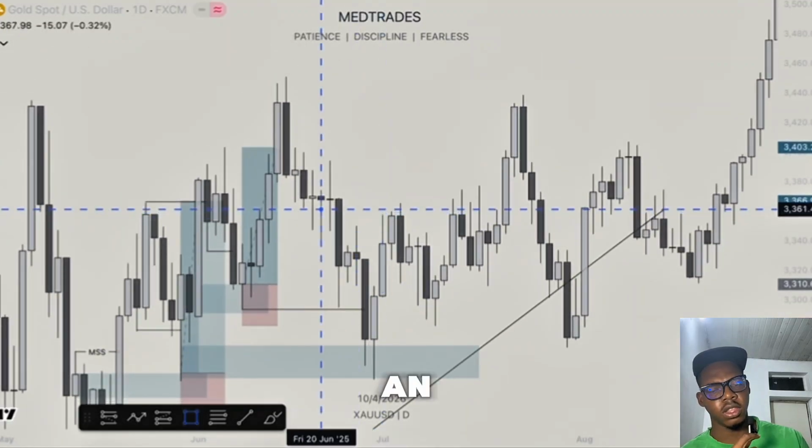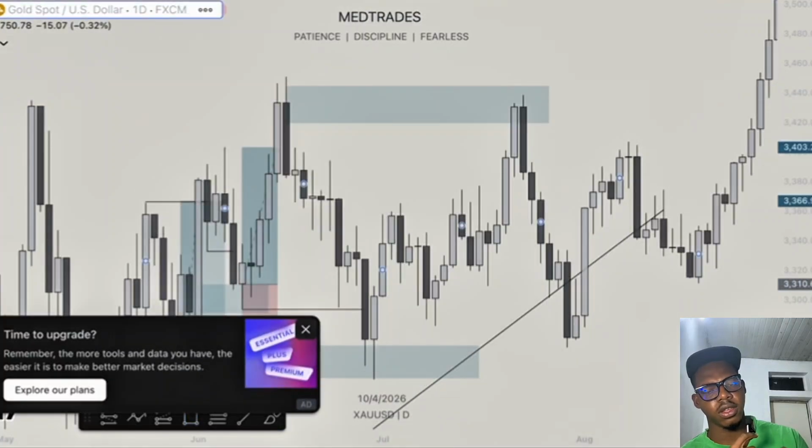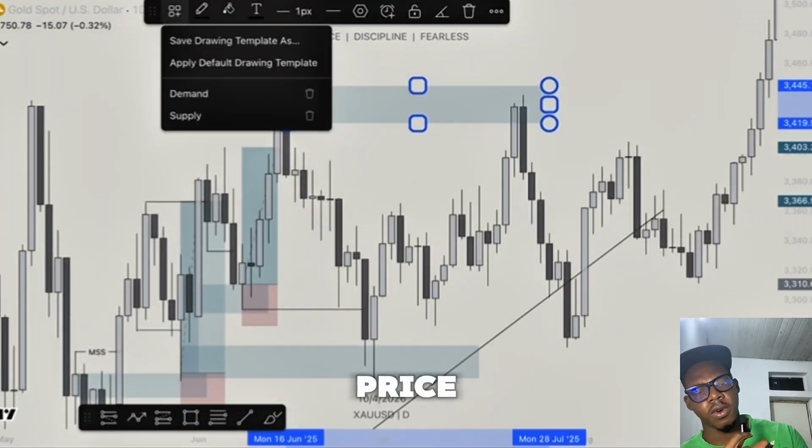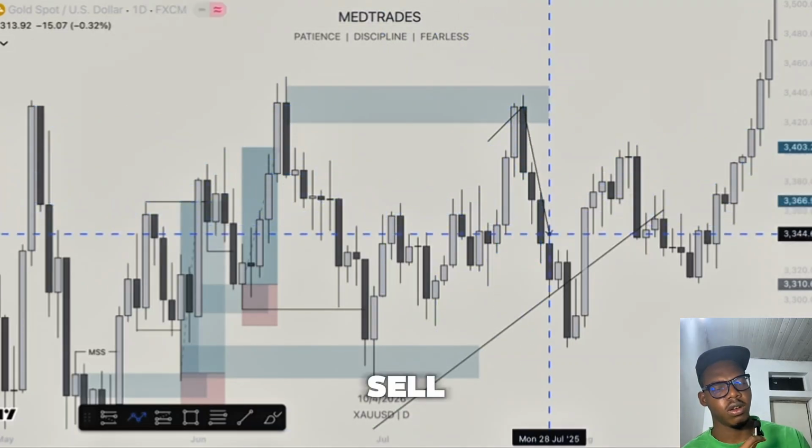So now this was an area of supply, an area of reversal right here. So we're expecting that price should come into this level right here to sell, right?